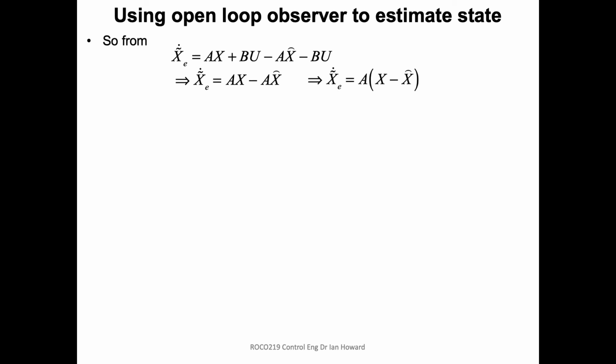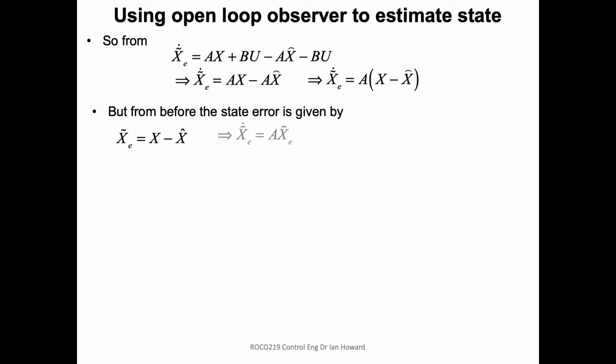As we can see, we've now got the differential of the error is a times x minus x hat. But we know that x minus x hat is actually the state error that we had before. So basically what it says is the differential of the state error is a times the state error, right?